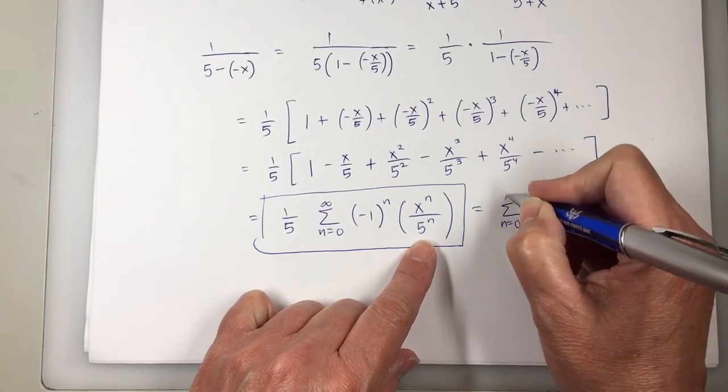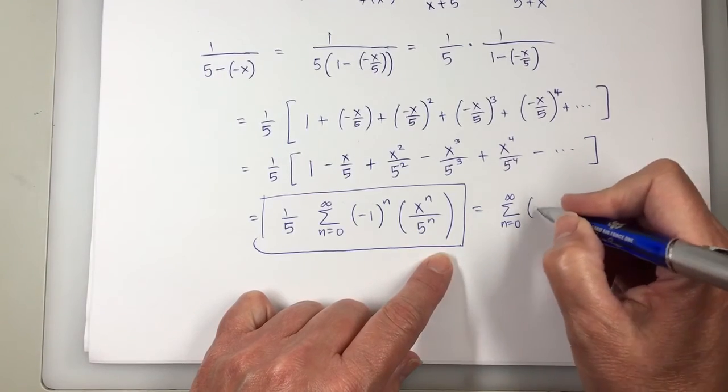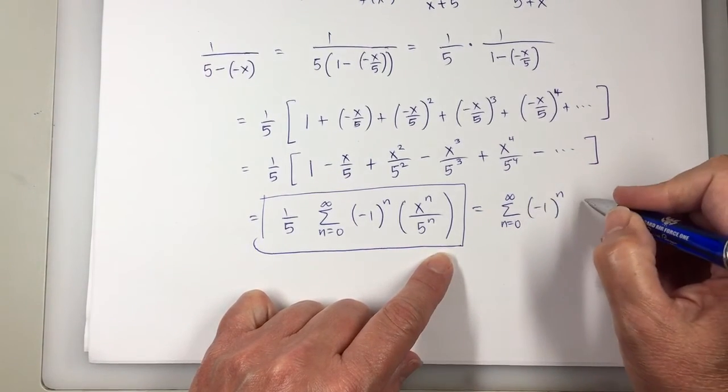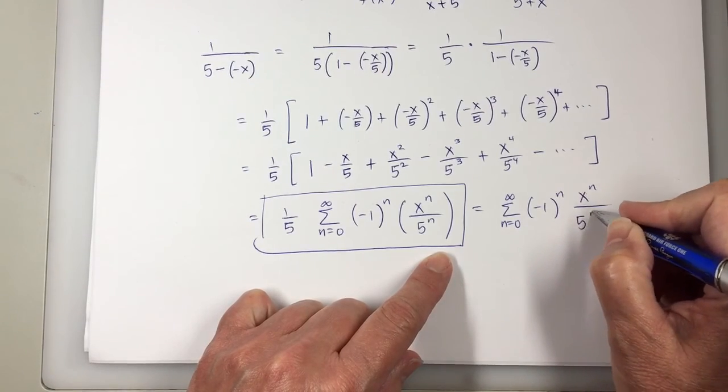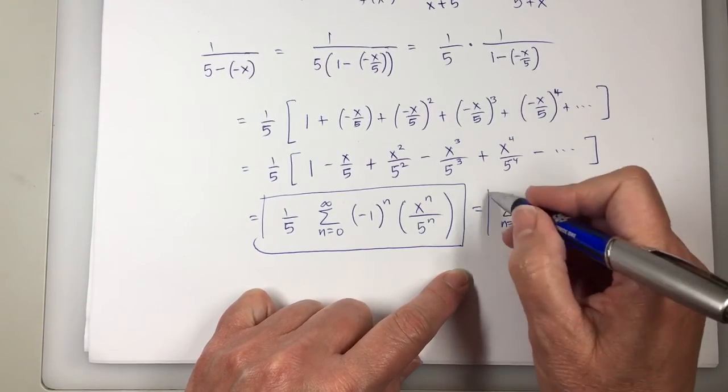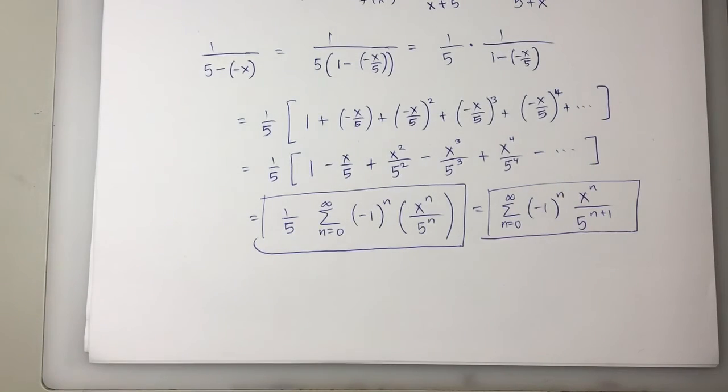So the sum as n goes from 0 to infinity, negative 1 to the n, x to the n over 5 to the n plus 1. So that example showed I had to factor something out to do the power series, and then I chose to factor it back in, but either of those would be all right.